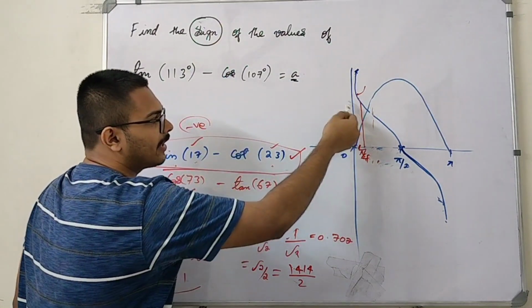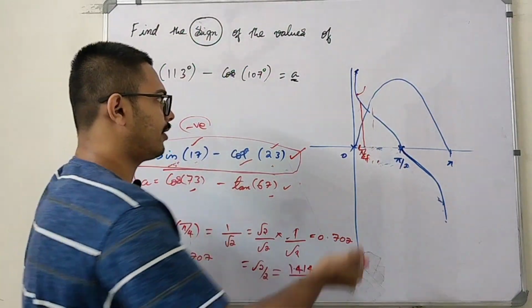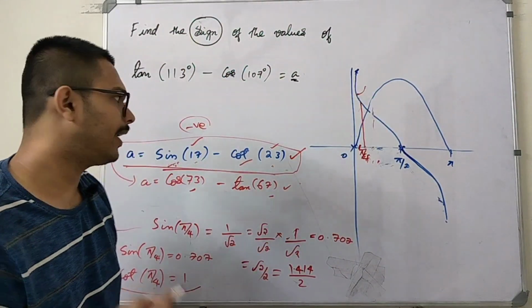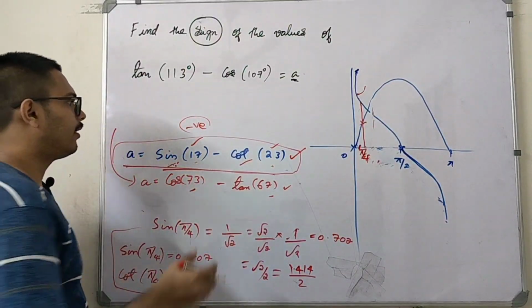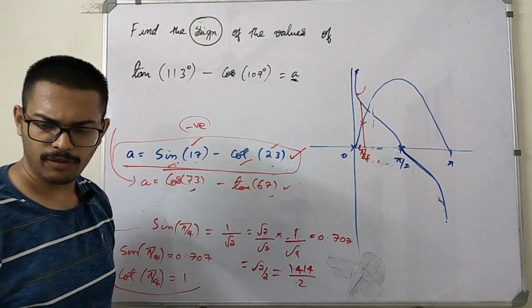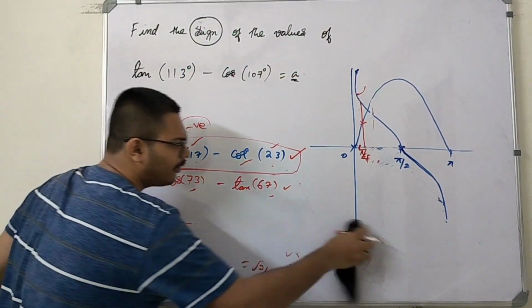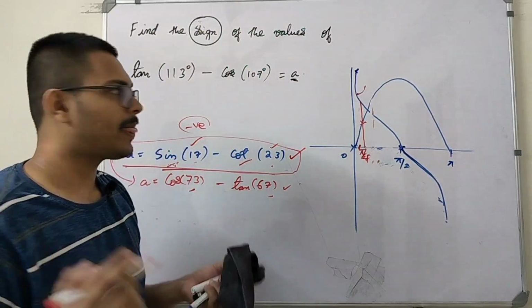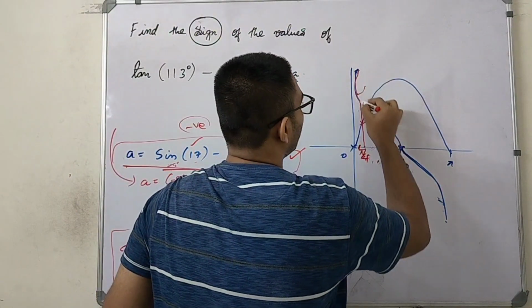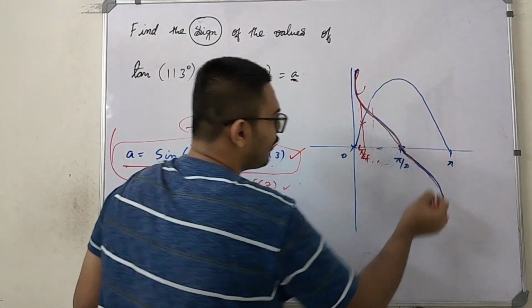Here both sine and cot are positive in the first quadrant. So I am subtracting a bigger positive number from a smaller positive number, then the value will be negative. Or you can do it without drawing this graph. You have to have an idea about the graph, which means we know that the graph of cot theta is decreasing in 0 to pi by 2, which is a decreasing function.